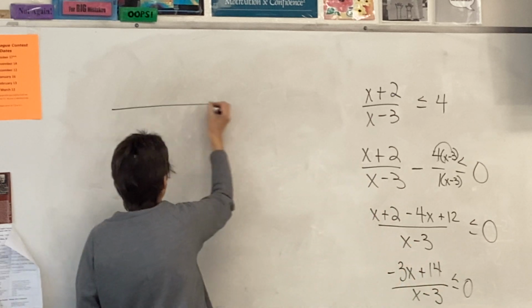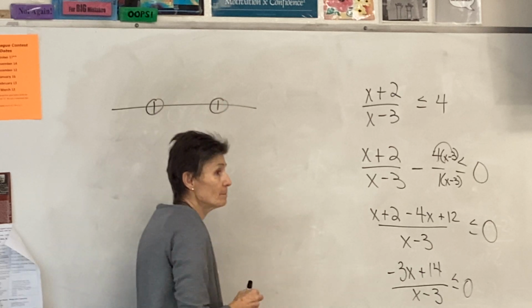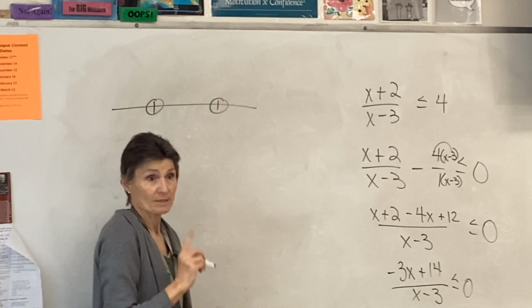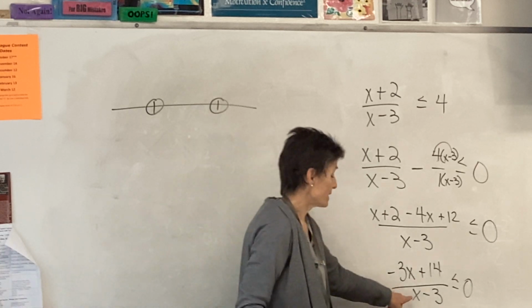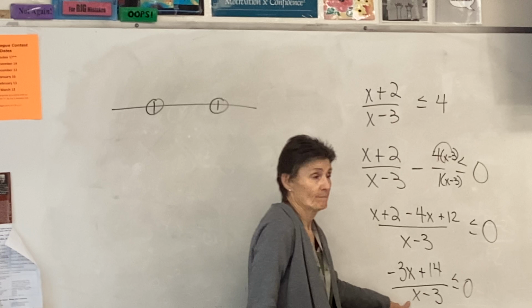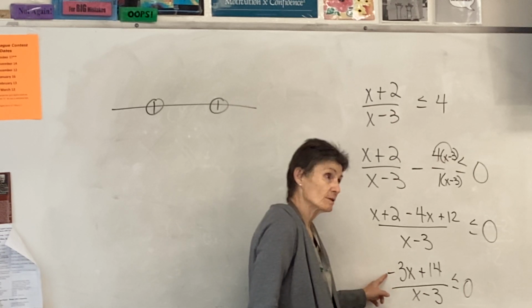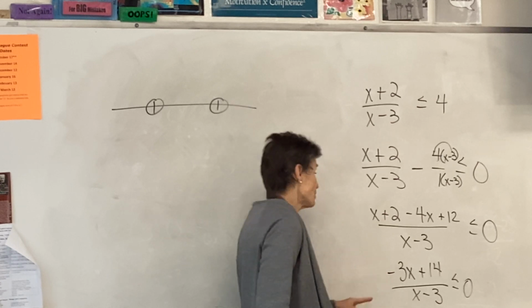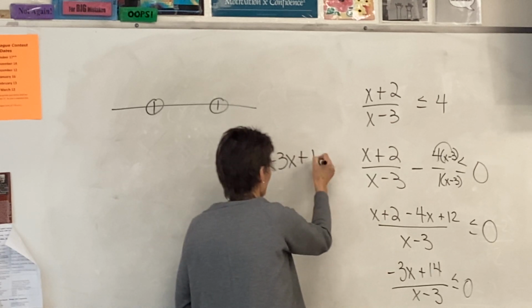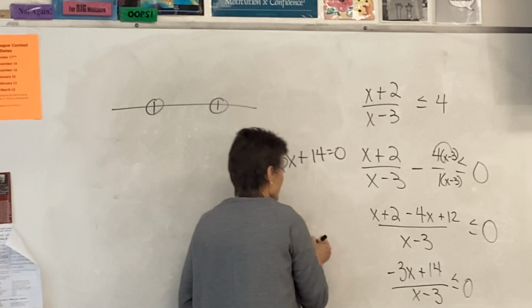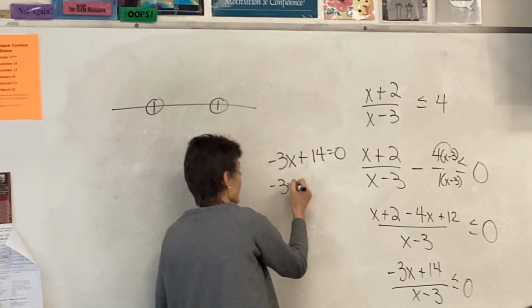There's 1x on the top and 1x on the bottom. So I'm going to have 2 dots on my number line. And I bet everybody can tell me where that dot is. That dot's a 3. This one is a little bit harder to tell where it is. So all you have to do is over to the side, solve that. Solve your numerator. This is going to tell me where I'm going to put my dot.